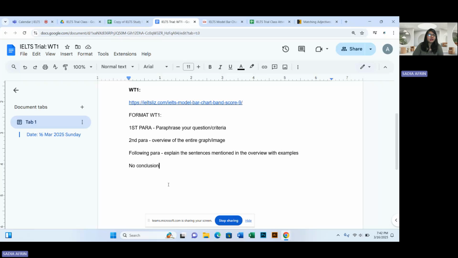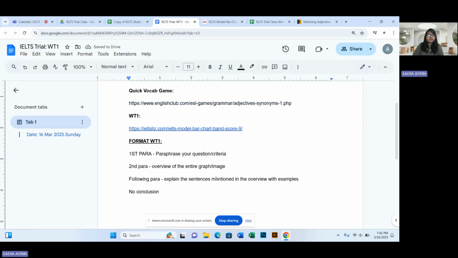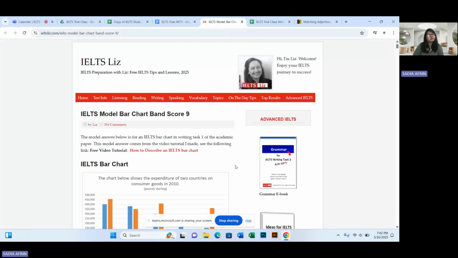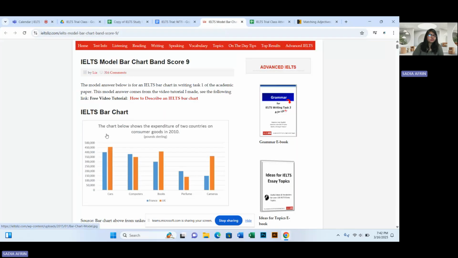All right, so here we have the format of writing task one, very simple. So let's look at a small example. Here is a chart that shows expenditure of two countries on consumer goods in 2010.